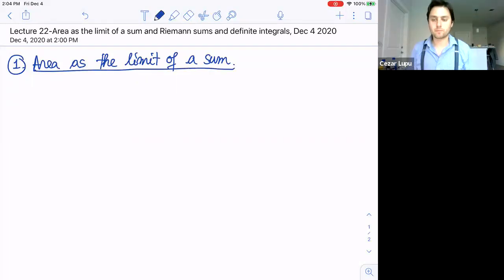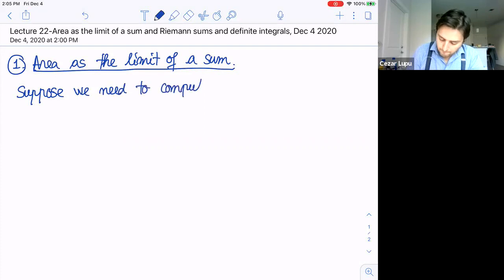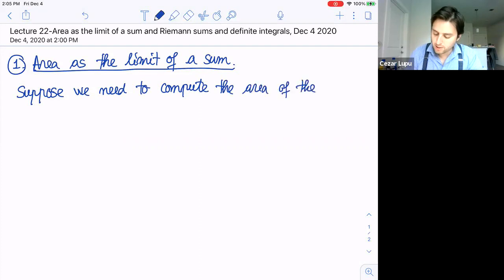Suppose we need to compute the area of the following shaded region, and let me draw some graphs.